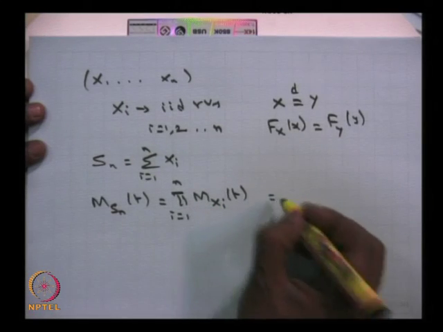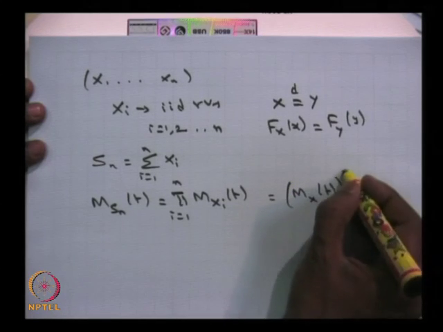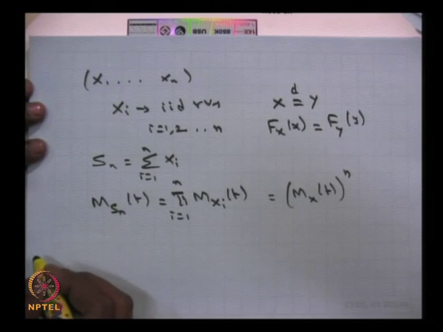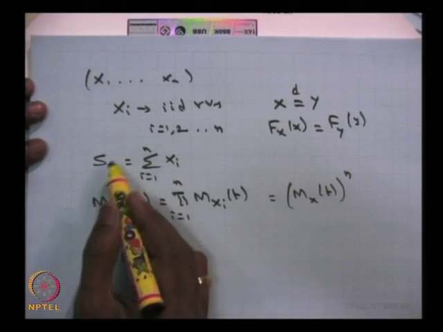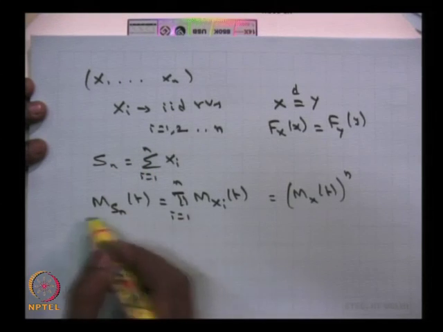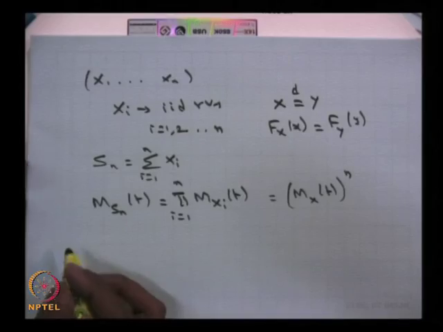Therefore, this is the same as finding the MGF of any one random variable and then taking the power n. So for independent random variables, the MGF of the sum of random variables is the same as the product of the MGFs of the individual random variables. Yes, so here there is one more property of the MGF.